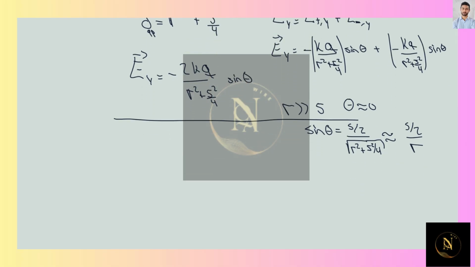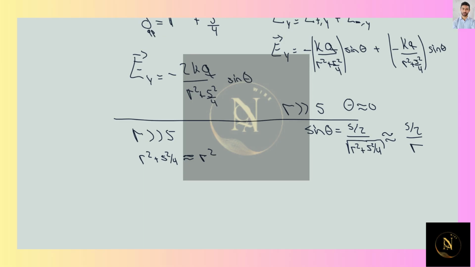So this is s over 2 divided by the square root of r squared plus s squared over 4, which under our approximation becomes s over 2 divided by r. Since r is much larger than s, r squared plus s squared over 4 is approximately equal to r squared directly.